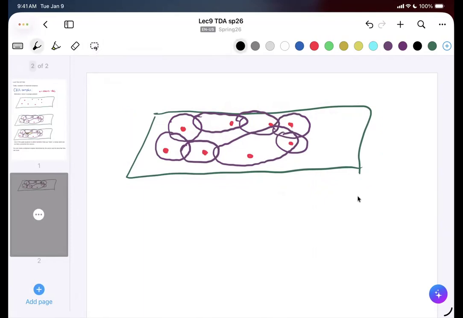I'll call this one V0, this one V1, then V2, V3, V4, V5, V6, and V7. How many do I have? I have 1, 2, 3, 4, 5, 6, 7, 8. Okay. V0, V3.